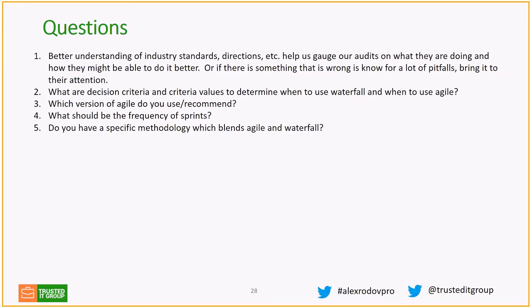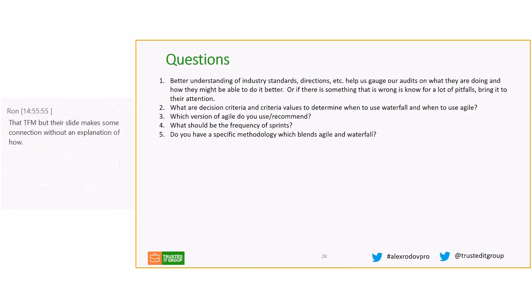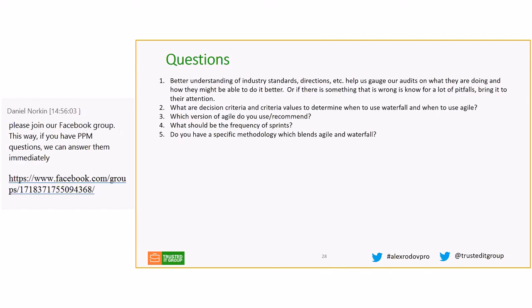It really doesn't. You can use Scrum, Kanban, whatever you want. If the data model is complete, then you can do it. Which version? What should be the frequency of sprints? It doesn't really matter in this case. Two weeks, one month. I've seen quarterly sprints. Quarterly sprints look more like waterfall projects, but it's up to you how you want to structure that.